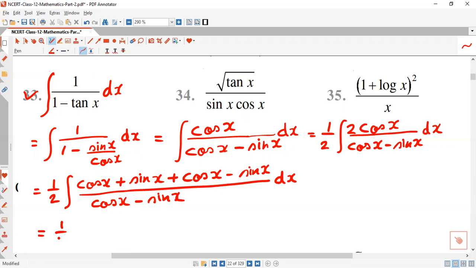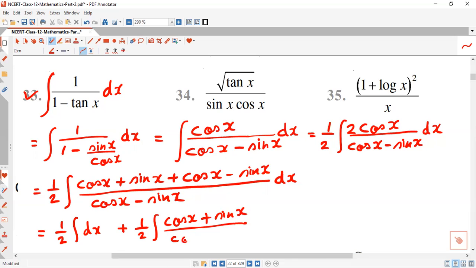Separate the terms: you get half integration of dx, plus half integration of cos x minus sin x upon cos x minus sin x, which cancels out, plus cos x plus sin x upon cos x minus sin x dx.